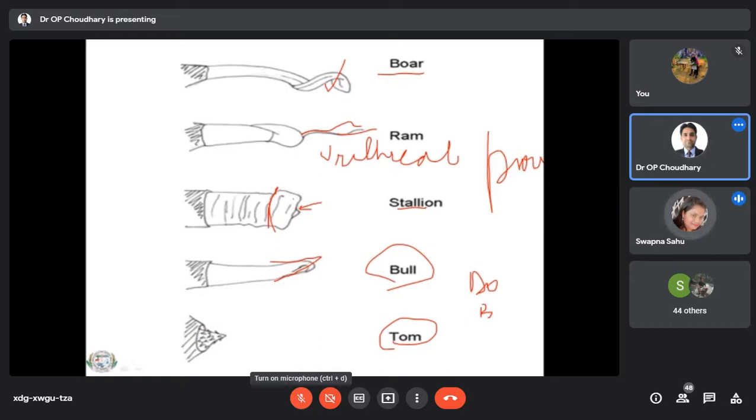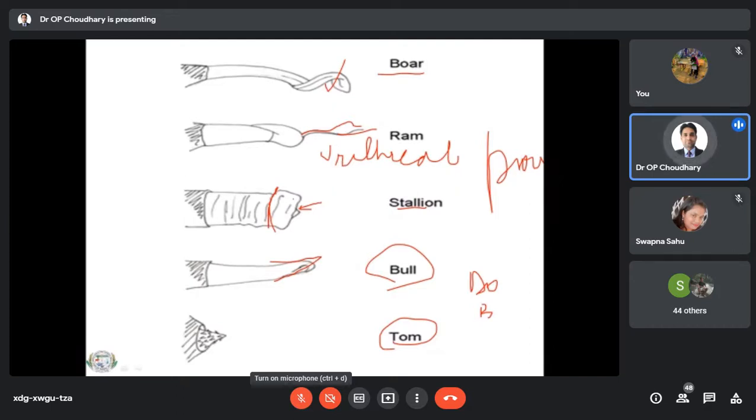Sir, in dog and fowl, is the function of the bulbourethral gland and seminal vesicle carried out by the prostate gland? In the fowl, there is a complete absence of the accessory sex glands. In the fowl, all three accessory sex glands are absent. In the dog, there is absence of the seminal vesicle and the Cowper's gland.